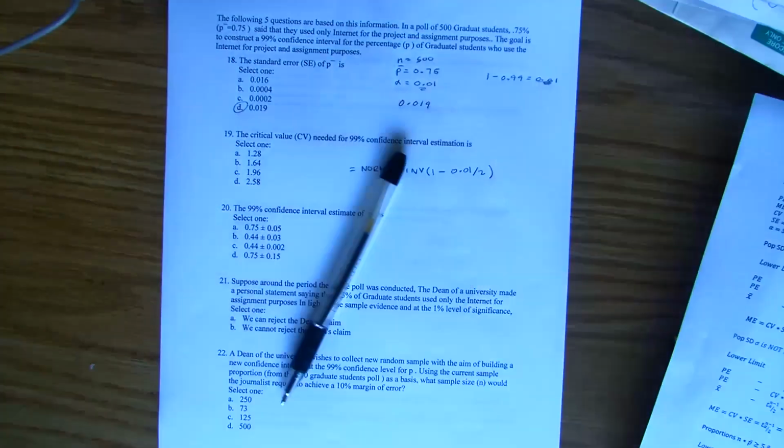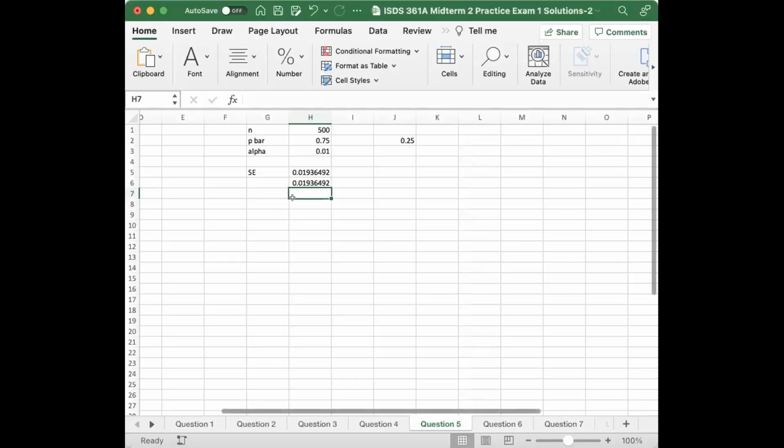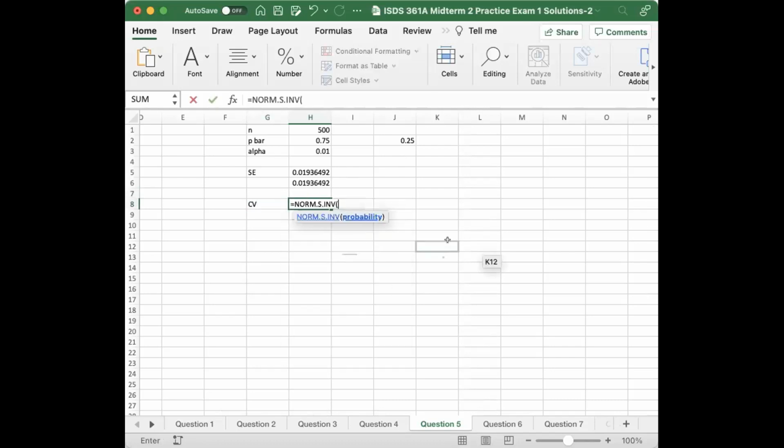So let's go to Excel and do that. Okay, so our critical value is norm.s.inv of 1 minus our alpha divided by 2. When we do that, we get 2.58 if you round that. So let's go back here.